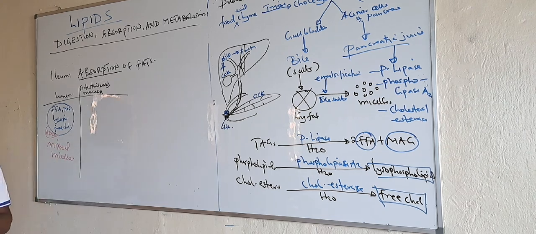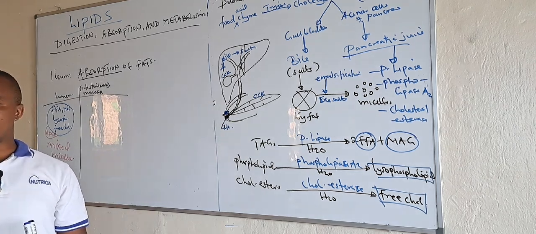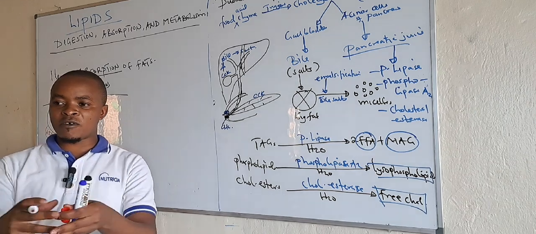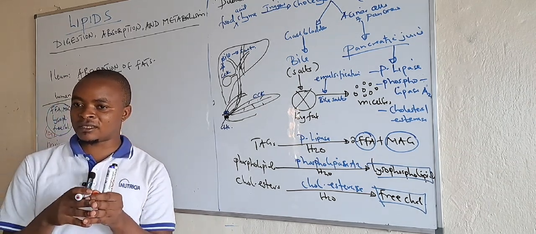So in the ileum, we get these products of digestion joining together with the fat-soluble vitamins to form a mixed micelle.